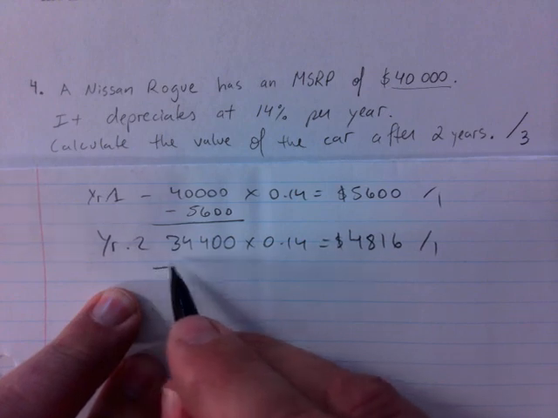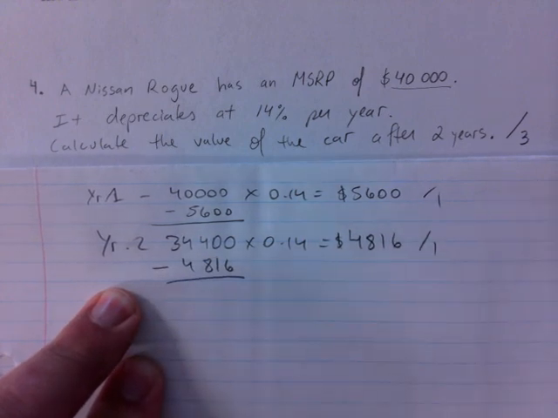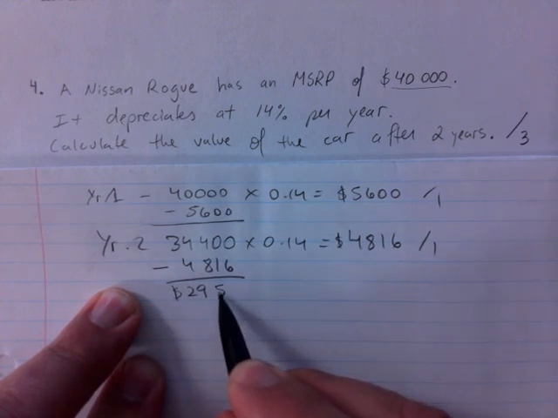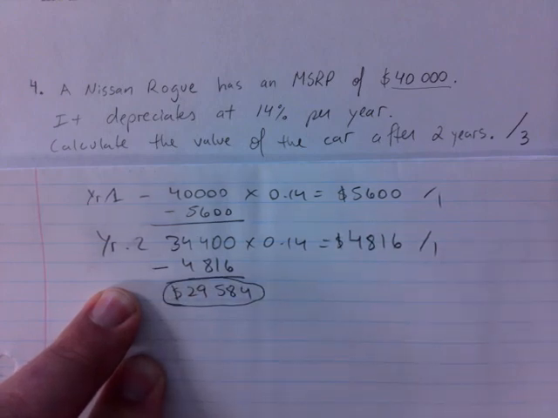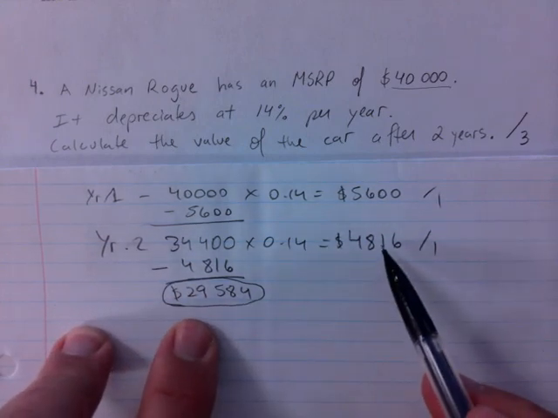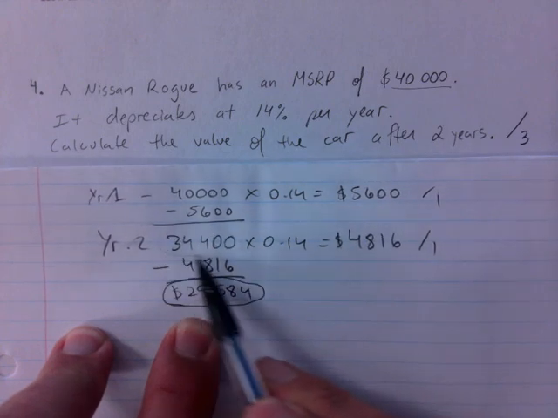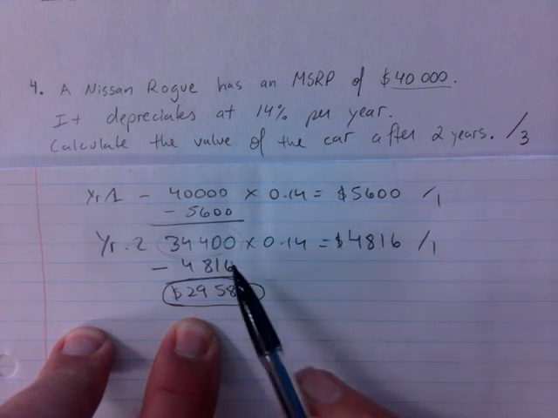But there's one more step you need to take. What? I thought it was done. Because I followed the way my notes, right? The way I had it in my notes, or I did the example. But so you're losing this year 1. So this is what the car is worth at the end of year 1. You figure out another loss, you subtract it.